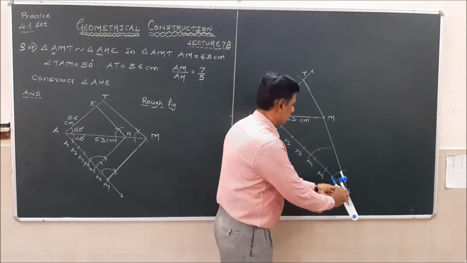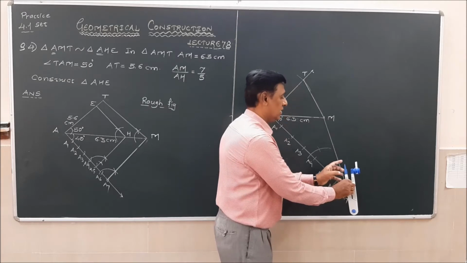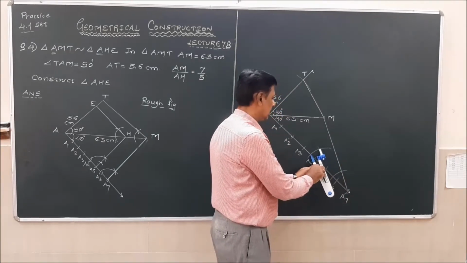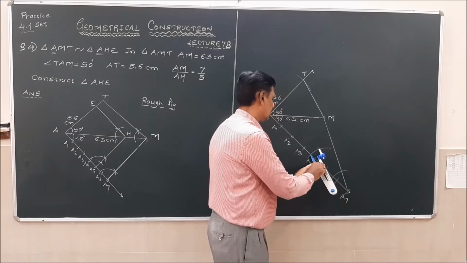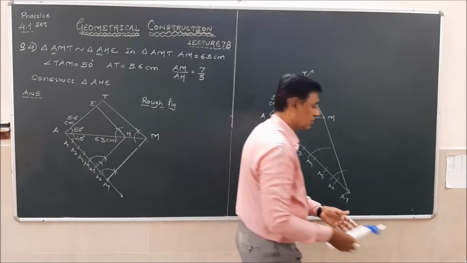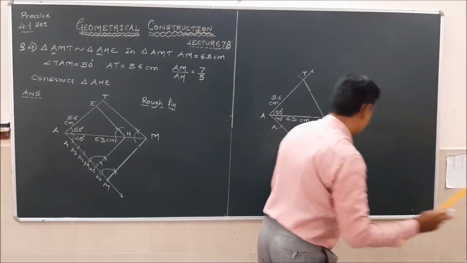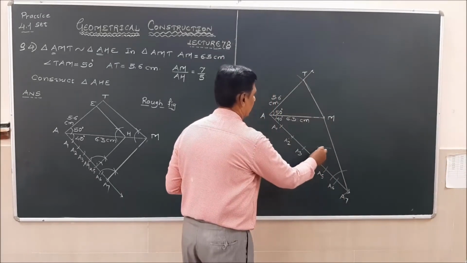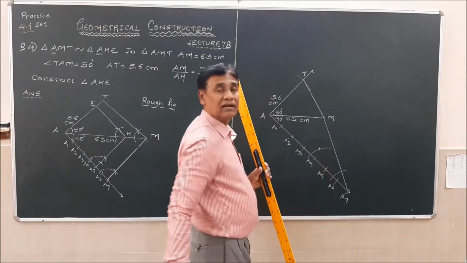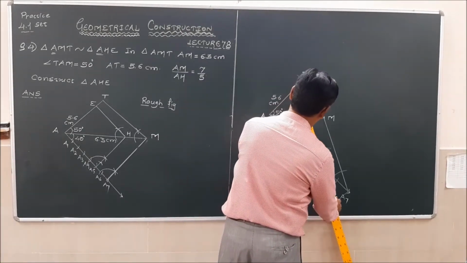Again, this distance, without changing it, draw an intersecting arc to the previously drawn arc. This is the point of intersection. This is our point A5. Correct? Now join this point of intersection and A5.